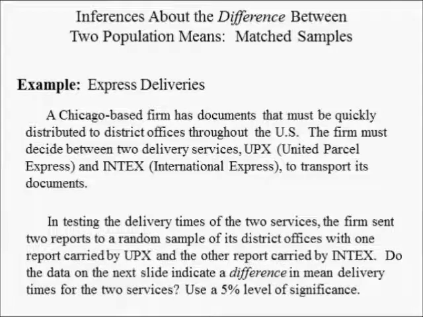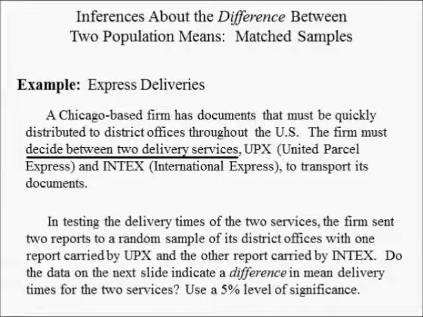In the example below, a Chicago-based firm has documents that must be quickly distributed to district offices throughout the U.S. The firm must decide between two delivery services, United Parcel Express and International Express, to transport its documents.